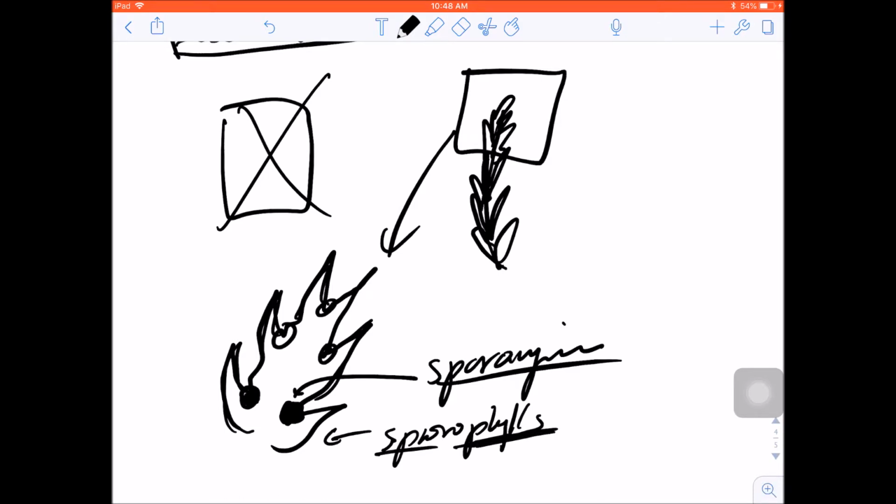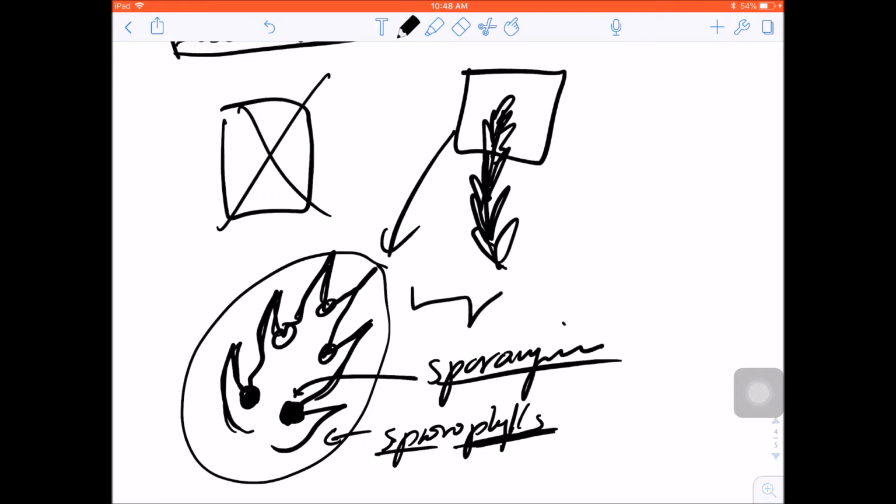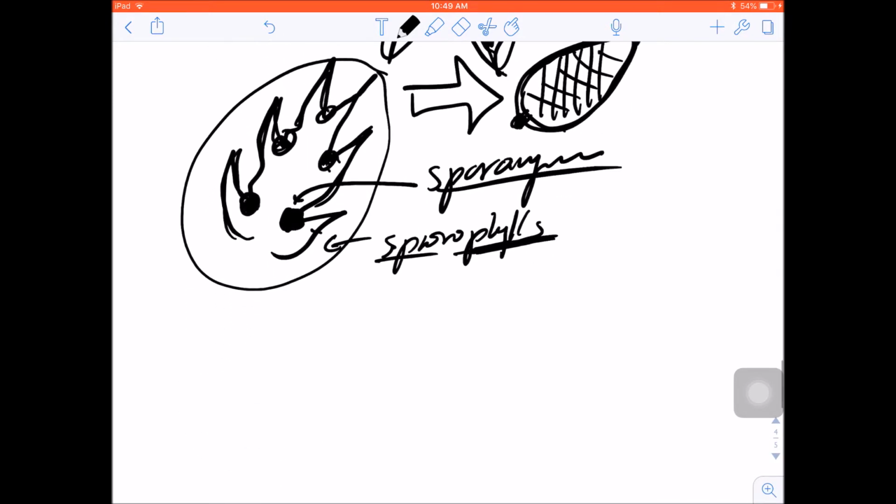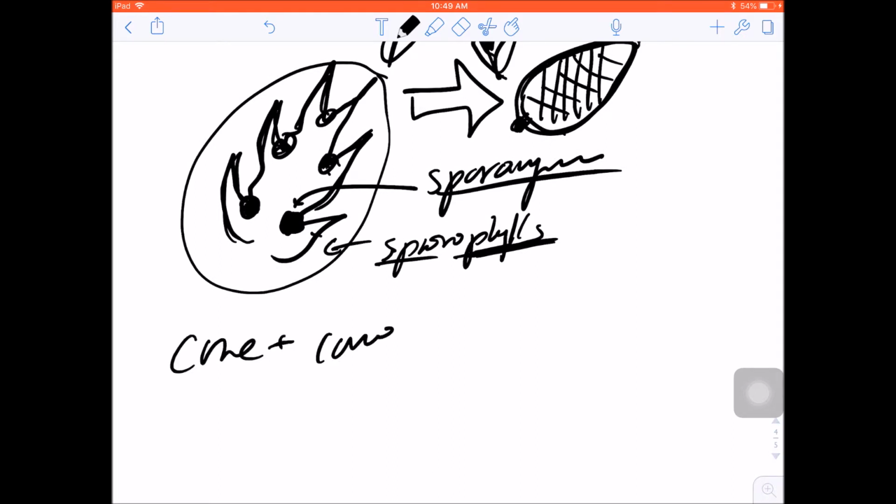This structure is kind of a loose, I guess, predecessor of cones. As you get later into the plant groups that we'll look at, these leaves get smaller and tighter, and eventually they just form cones. And everything that is cone-like is made out of leaves with spores at their bases, are all called cone and cone relatives.